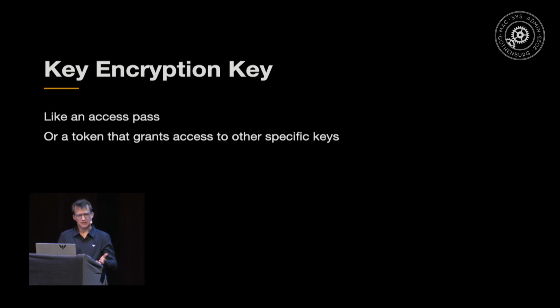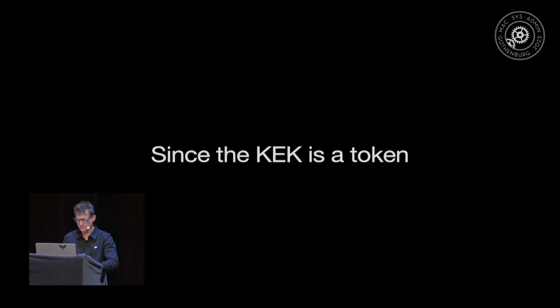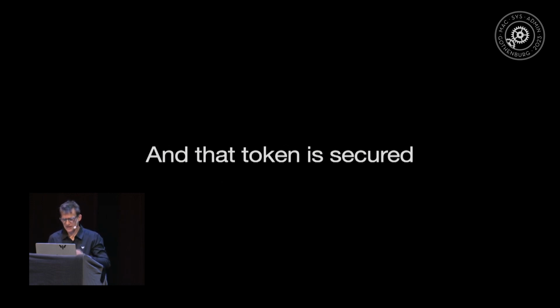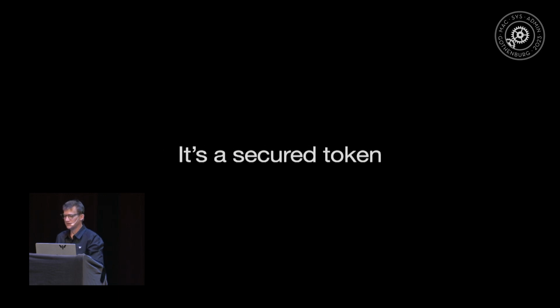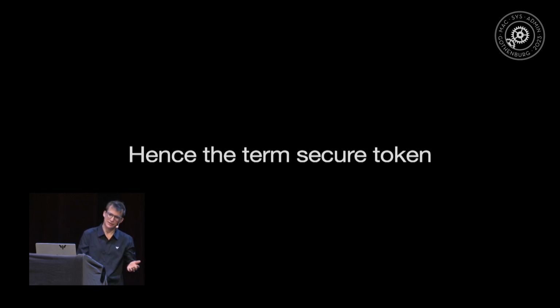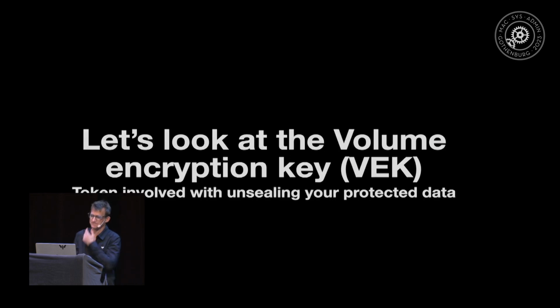It's kind of like an access pass or a token that grants access to other specific keys. And I promise I won't talk about Kerberos. Since the KEK is a token and that token is secured, it's a secured token. Hence the term secure token.